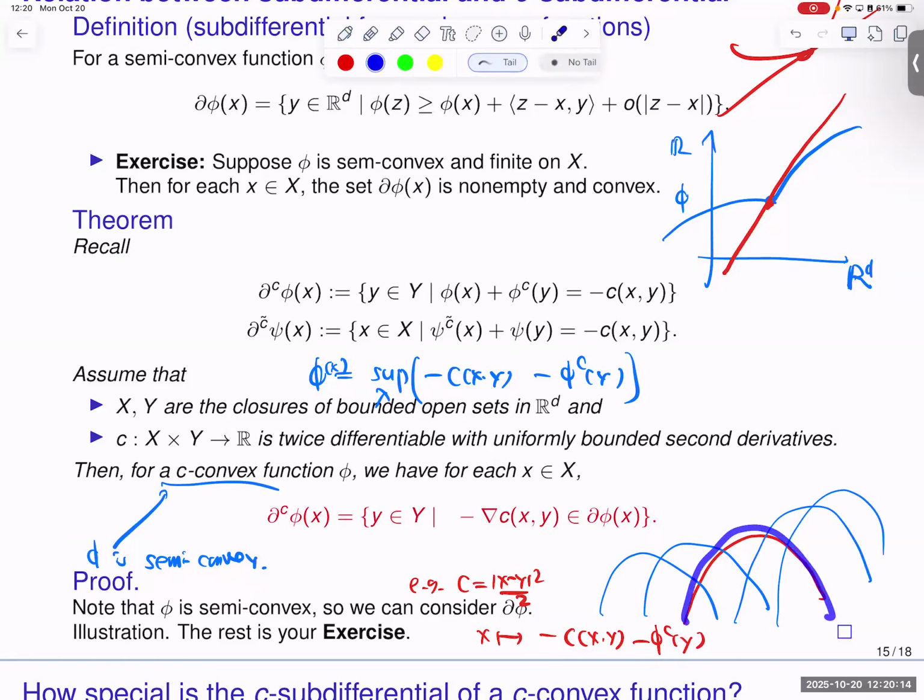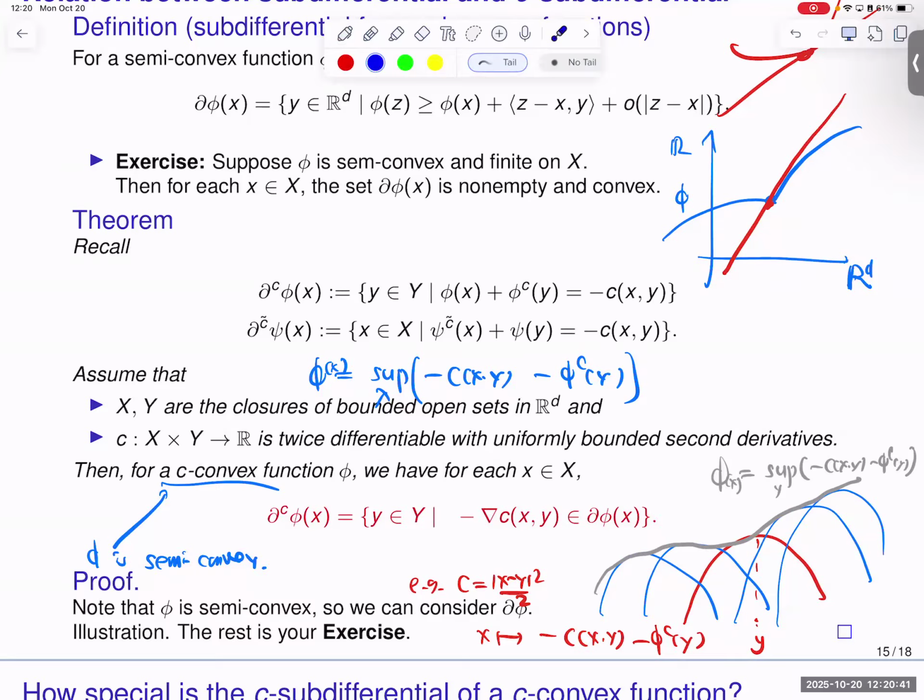Then you exactly have such a negative c function whose center is, in this case, y. So you have all such functions, and you take a supremum, then you get some function phi, which is a supremum of minus c(x,y) minus phi^c(y).